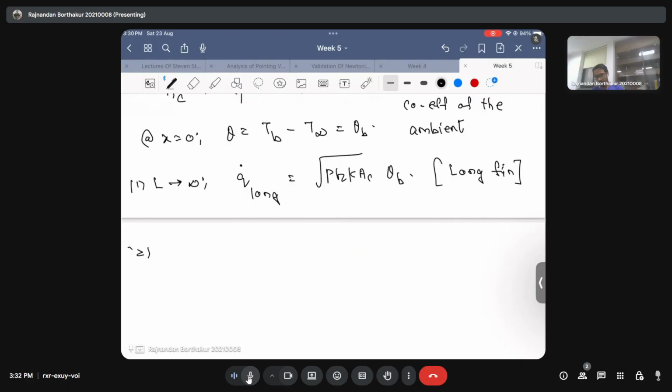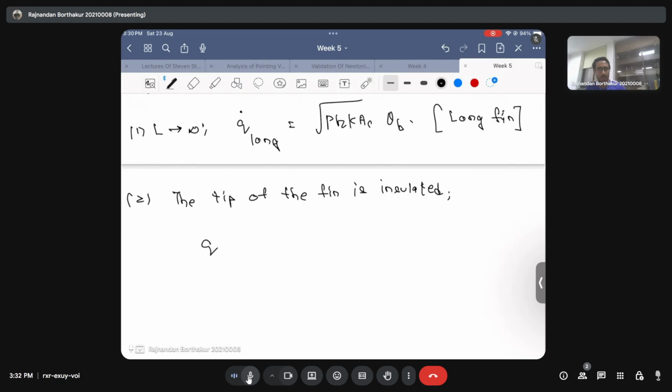Similarly, if the tip of the fin is insulated, you can eventually show just by solving the ODE that your Q dot, we'll call it Q dot INS, for the insulated tip boundary condition, is under root of PHKAC theta b times tanh(mL), where L is the length of the fin.